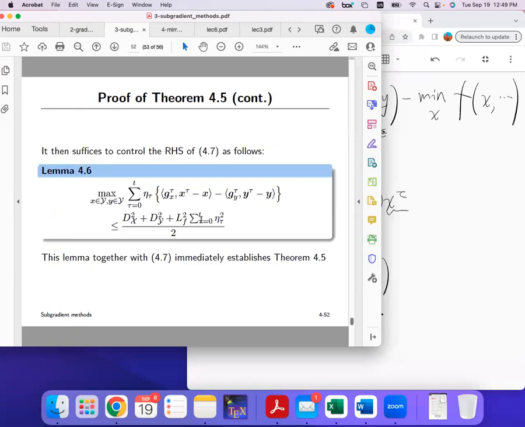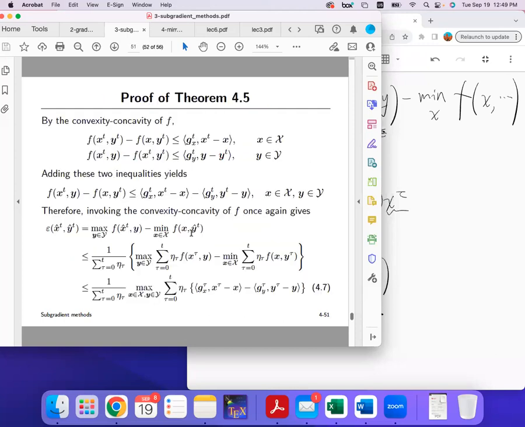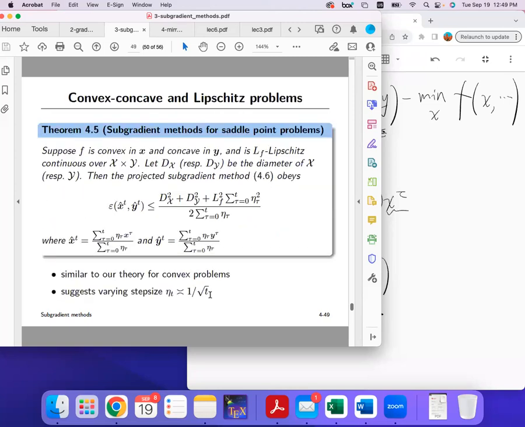That proves this lemma. Combining this lemma with this inequality, we can get the desired result. This is the final result.